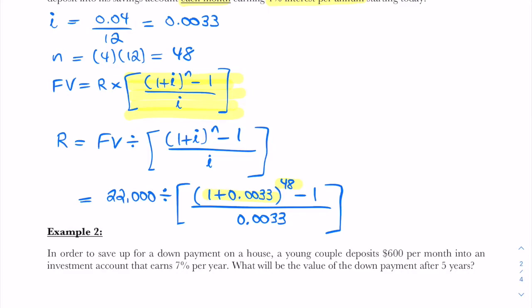Then subtract 1 from that number, hit equals, you'll get another number. Whatever that number is, divide it by 0.0033, hit equals, you'll get a number. Whatever that number is, you're going to then do 22,000 divided by that number.